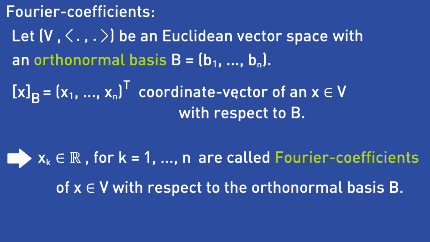But in the case of an Euclidean vector space together with an orthonormal basis, it is extremely easy to find the coordinates x1 to xn with respect to B, because there is a calculation formula for these xk. Let's take a look at the following result.